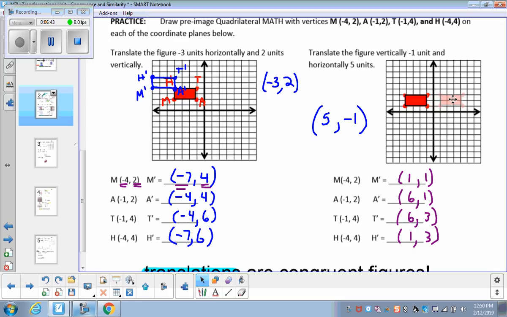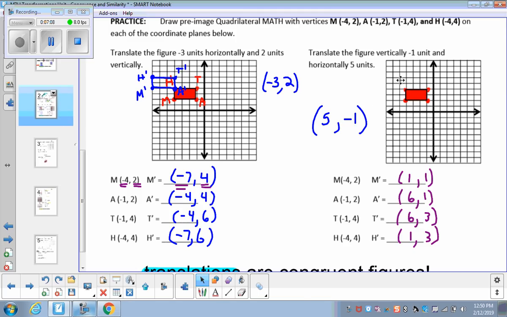Now we're going to move it down 1. I see what's wrong. My preimage, I don't even have it in the right spot. So give me 1 sec. Let me just delete that. My mistake, folks. If I move this right to there, now this is the preimage MATH in the right spot. I just originally had it in the wrong spot.